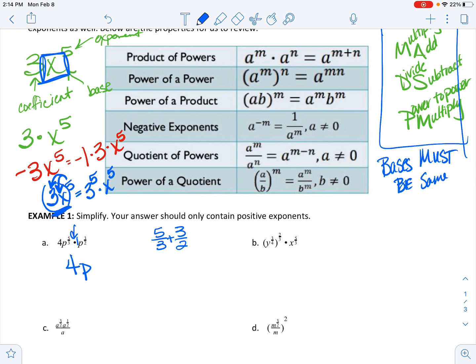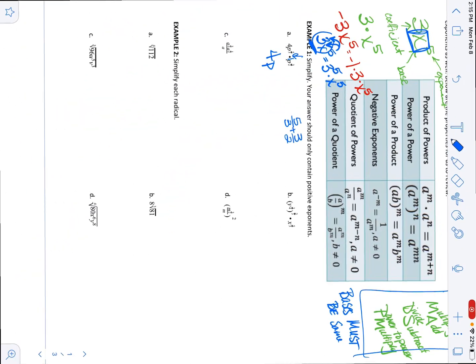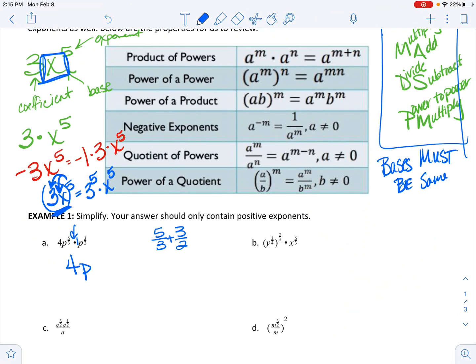Now, if you are not keen on fractions, please use your Desmos scientific calculator. 5/3 plus 3/2, and then keep it as a fraction. That is 19/6. So this is p to the 19/6.